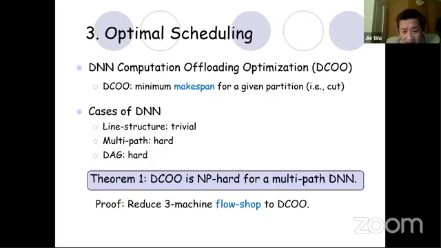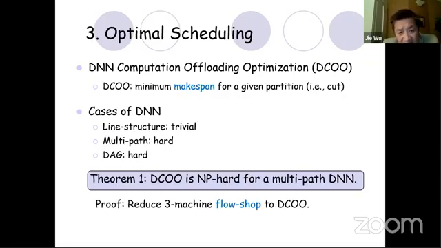What we first show is that, unfortunately, this problem is hard. We look at different structures: linear structure, multipath, and DAG. For linear structures, it's easy. Actually, we assume that the cut is already done. Later, we'll talk about what happens if the cut is not decided.